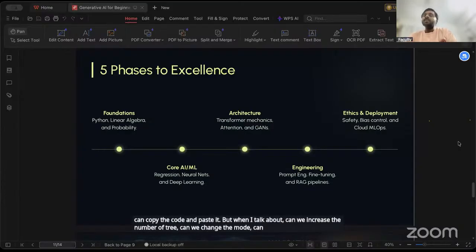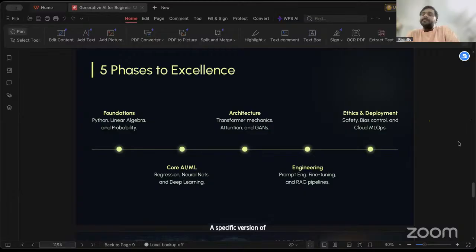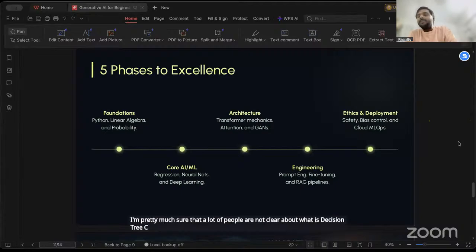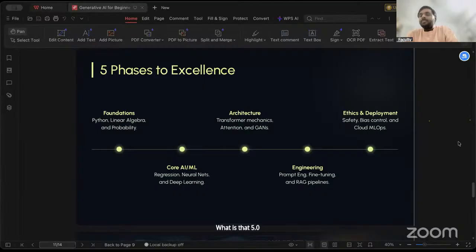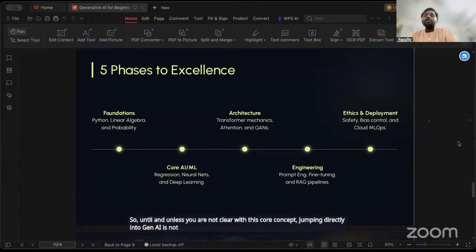Can we go for a specific version of decision tree? I'm pretty sure that a lot of people are not clear about what the decision tree C4.5 version does. What does the 5.0 version do? What is the difference between 4.0 and 5.0? So until and unless you are clear with these core concepts, jumping directly into Gen AI is not a correct or good approach at all.